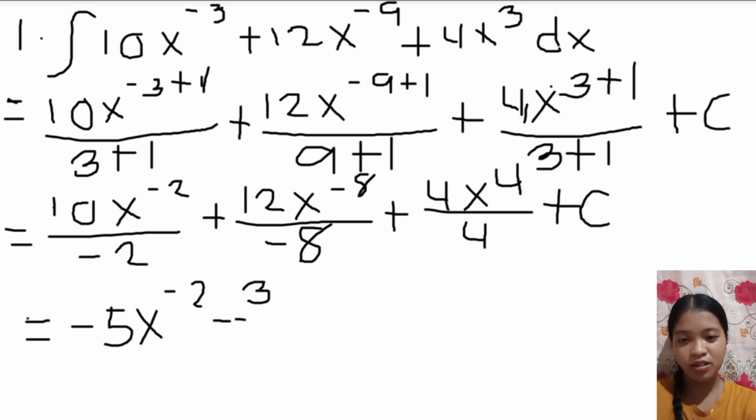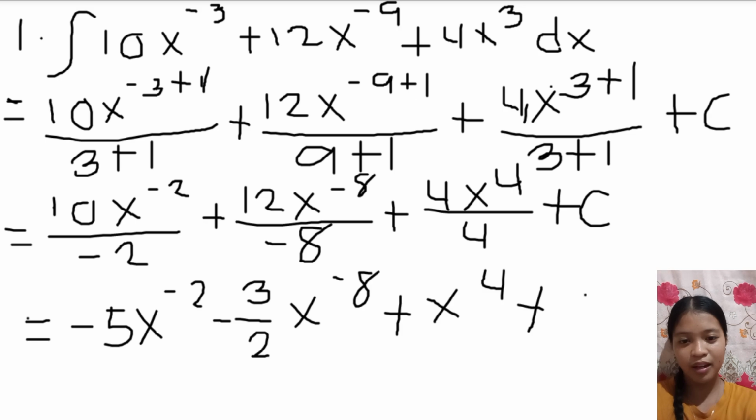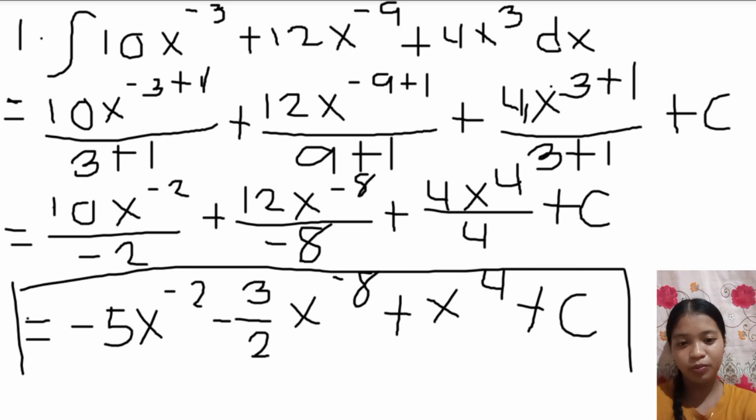The final answer is negative 5x raised to the power of negative 2. Then since we can still simplify 12 over 8, it will become negative 3 halves x raised to the power of negative 8 plus x raised to the power of 4 plus c.